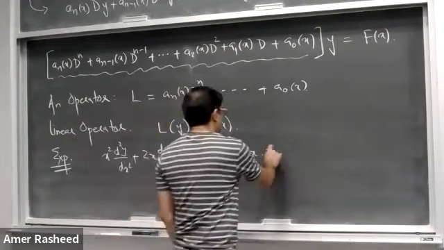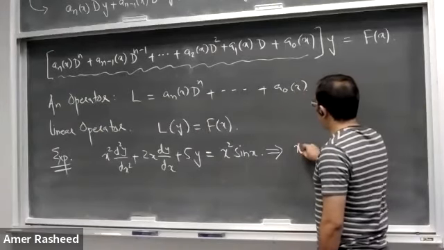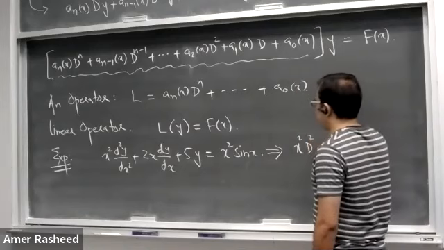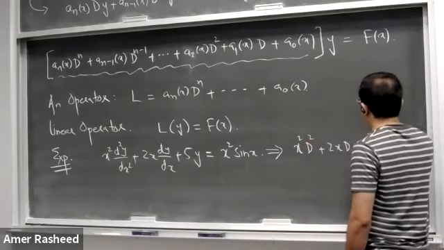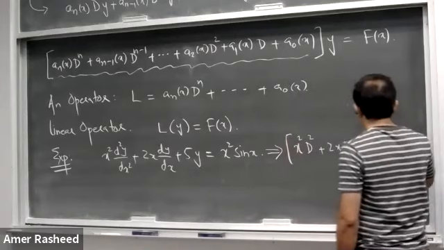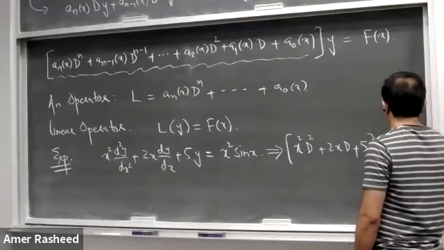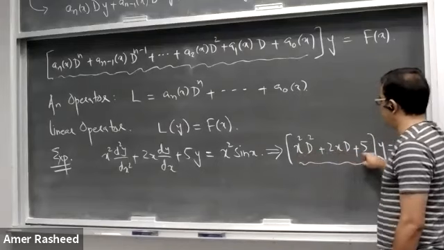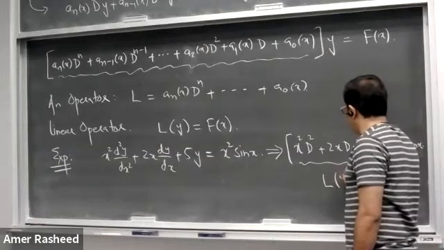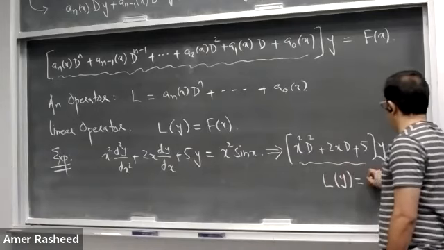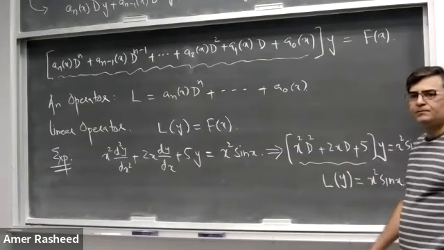Then this equation can simply be written in this form: x square D square plus 2x D plus 5, operating on y, is equal to x square sine x. This is your operator, and it is a linear operator. So the equation can be written as L of y equals the right-hand side.